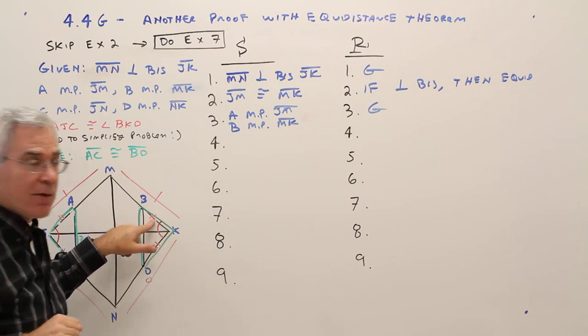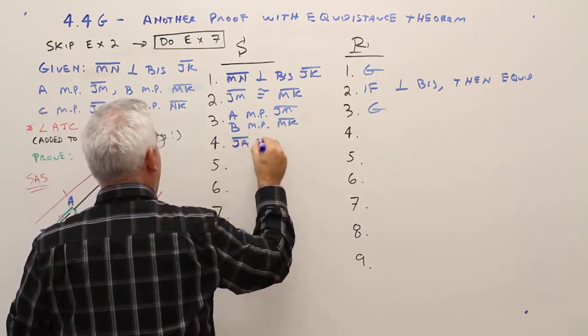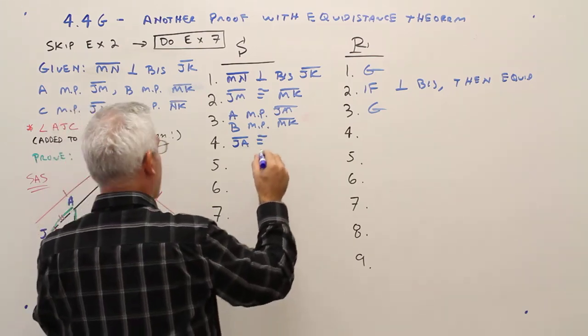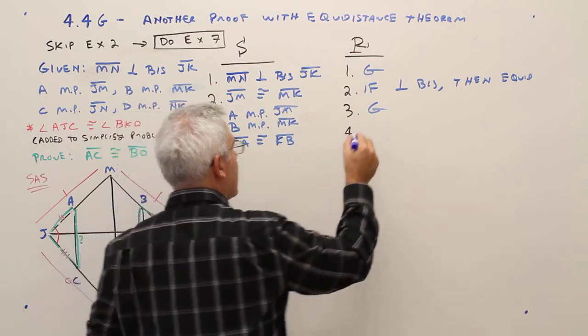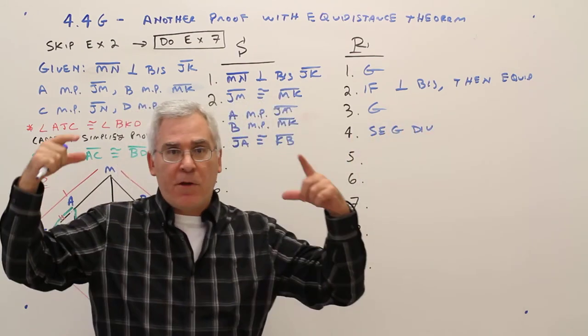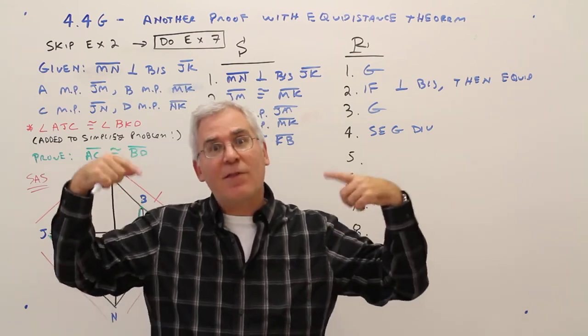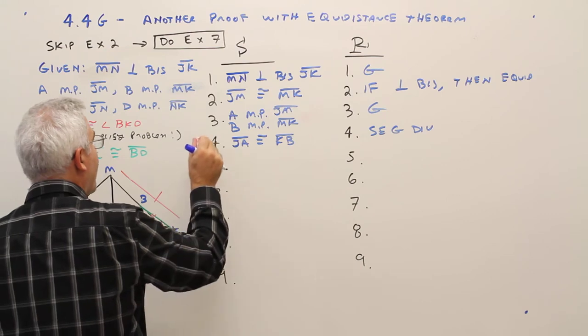Now we'll get their like divisions congruent. So I can say JA is congruent to KB, segment division. Or if segments are congruent, then their like divisions are congruent. So all of that for that side.